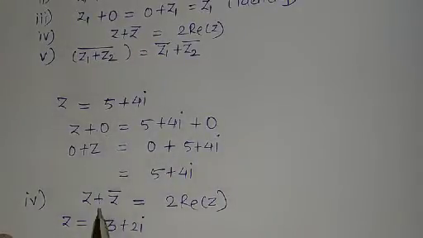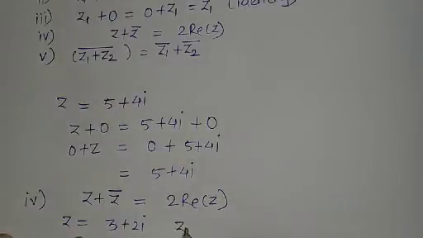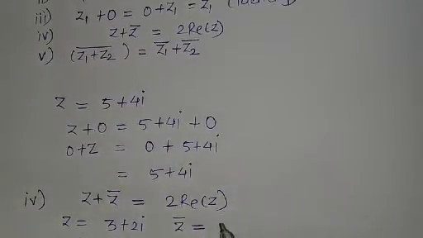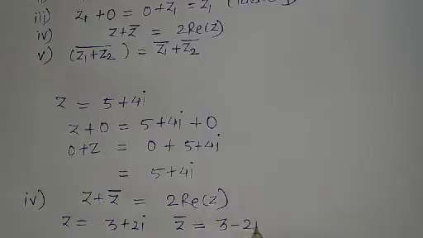From this statement we have the conjugate of Z is nothing but 3 minus 2i.